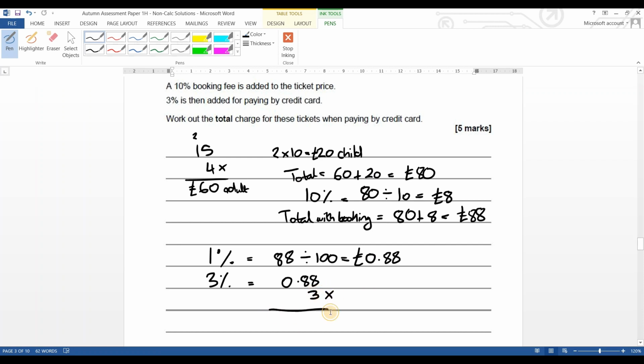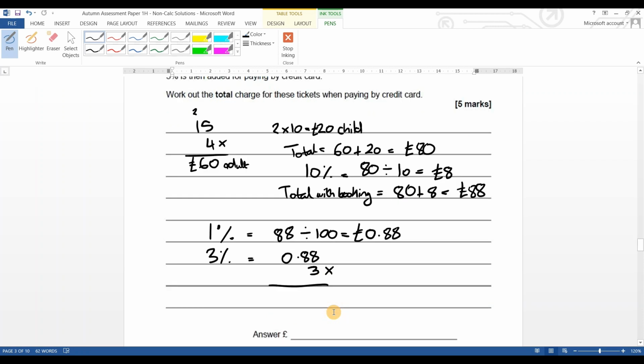Let's do it this way. 8 times 3 is 24. Carry the 2. 8 times 3 again is 24, plus 2 is 26. Oh, shouldn't have done that, not yet anyway. What's next? It's 0 plus 2 is 2.